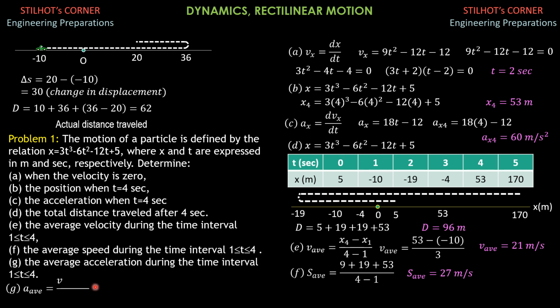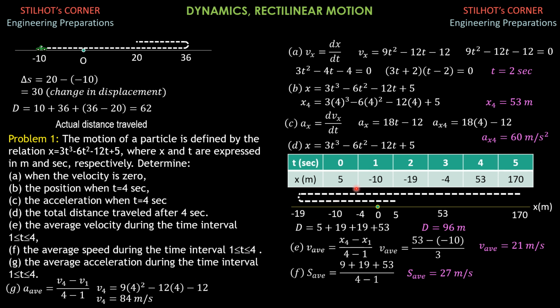So let's compute first V sub 4. This is the expression for velocity, and V sub 4 is 9 times 4 squared minus 12 times 4 minus 12, and that is equal to positive 84 meters per second.